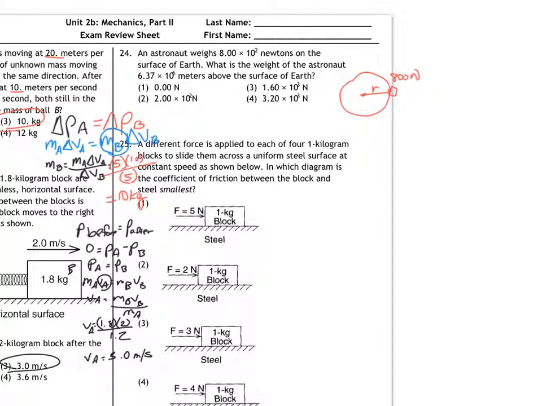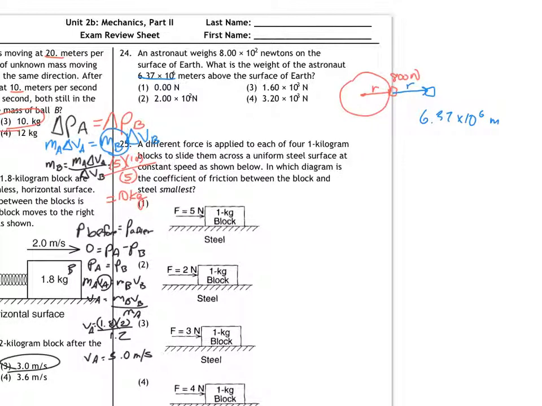I just checked my reference table, and the mean radius of Earth is 6.37 by 10 to the 6 meters. So if you raise the astronaut another 6.37 by 10 to the 6 meters, you're raising it another Earth radius. So he or she is now at 2 Earth radii.